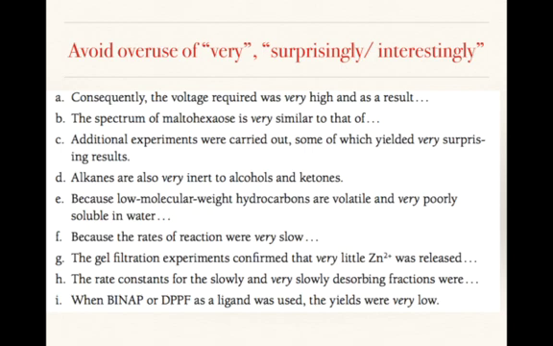So in some of the sentences, instead of very, you can use the word highly, or if you mean something more than very, you can say extremely. Other words you can say are considerably, significantly, substantially.